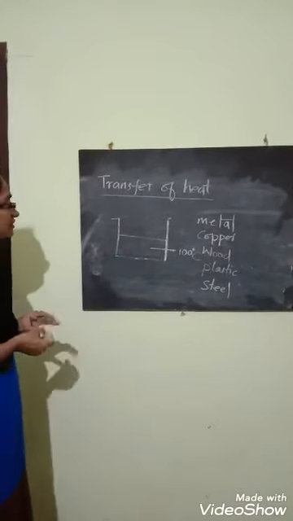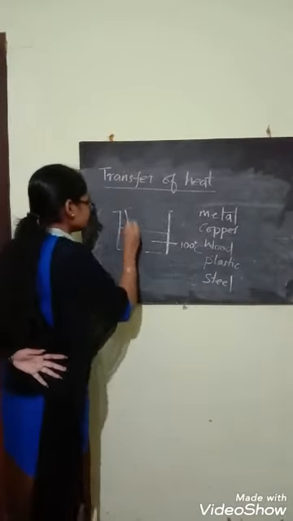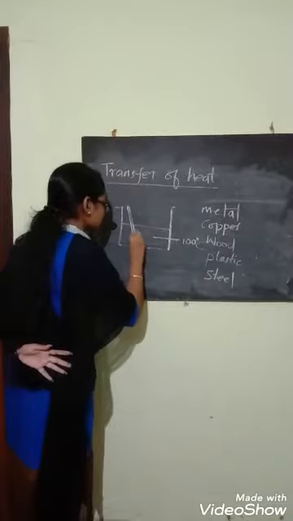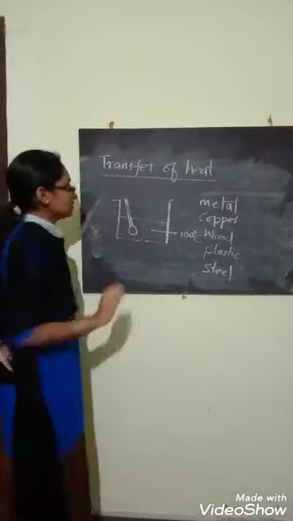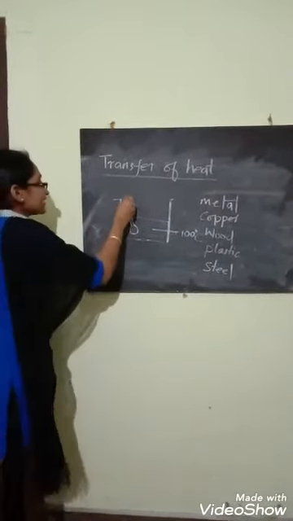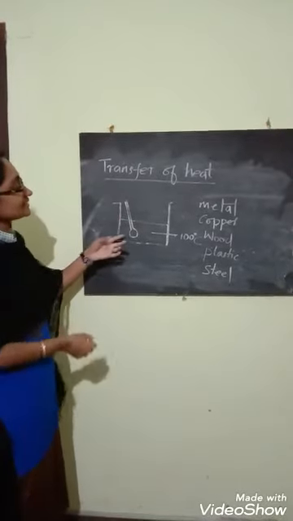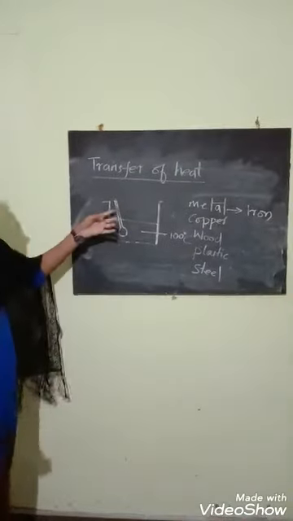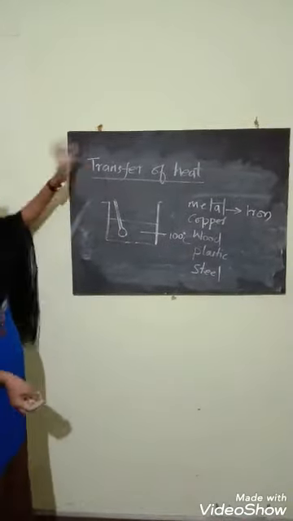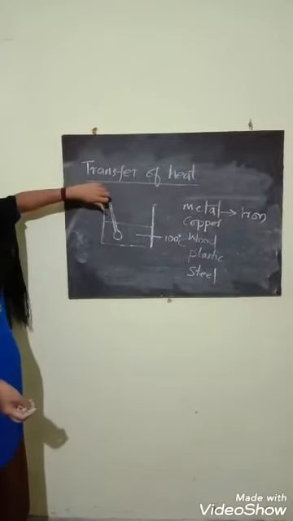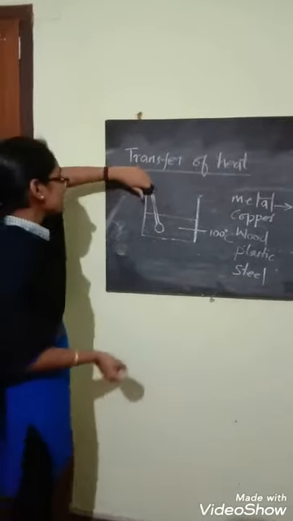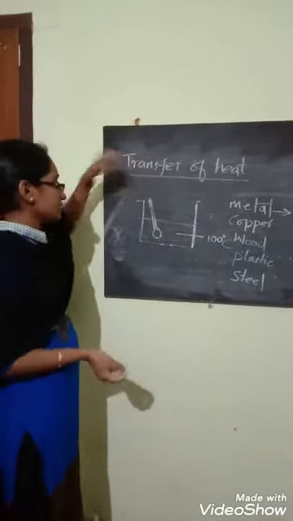What happens? I am putting a spoon here. I am putting a spoon inside here. This metal is iron. After some time, what happens? This spoon will get a higher temperature and I would burn my hands.